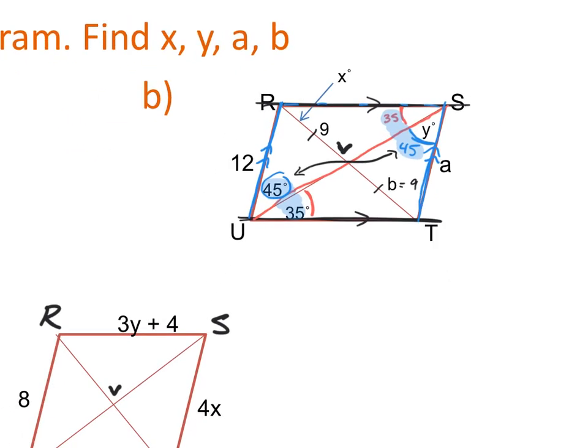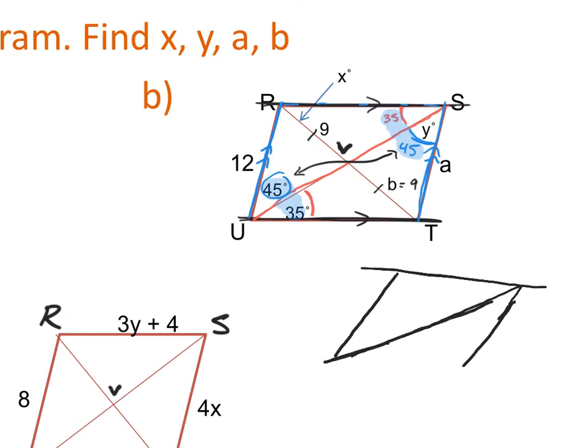So if you're having a hard time seeing it, and then we've got this diagonal coming down. Let's use the diagonal as a transversal here for a moment. Imagine here that the left and the right are parallel, which they are.